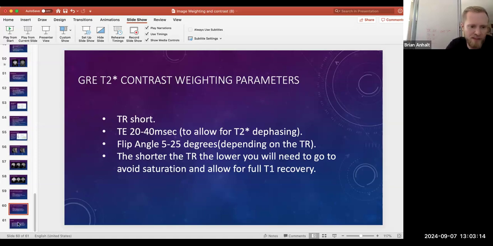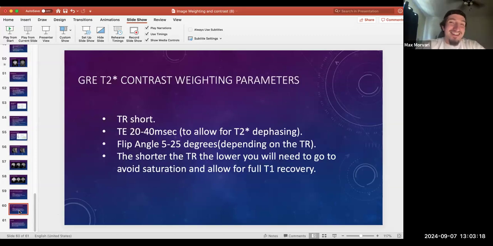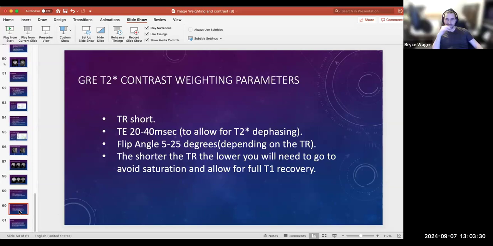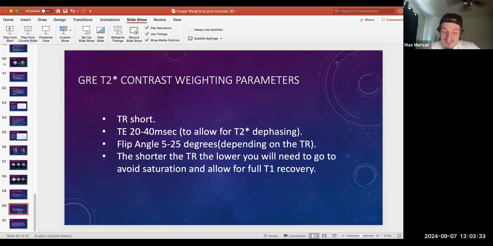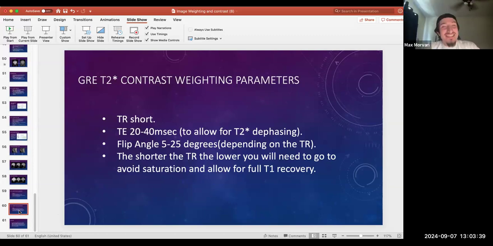And then proton density. What would that be? A long TR and a short TE. Like the TR would probably be at like 3,000. Don't worry about that, it's always GRE. Never mind, I'm wrong. Sorry, it's on the screen now. Just read it. I'm going to take my TE down.